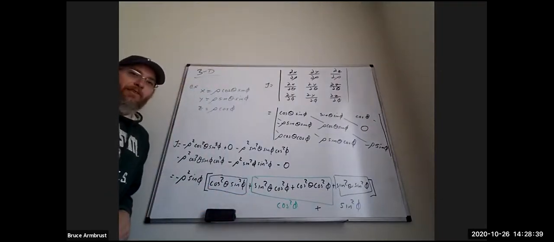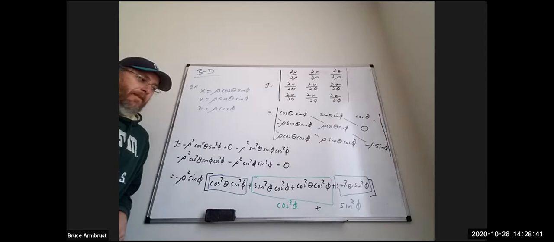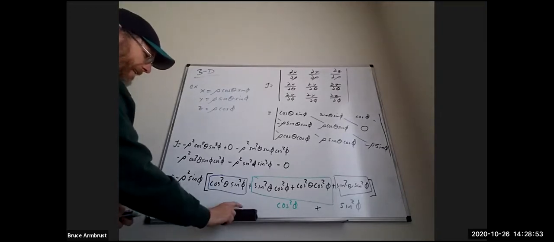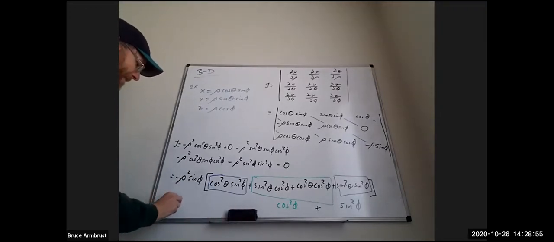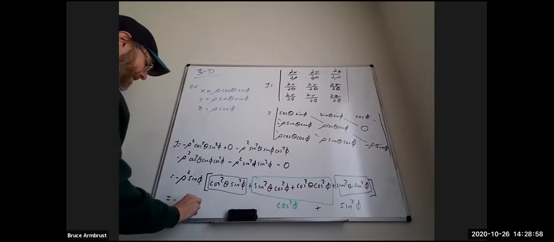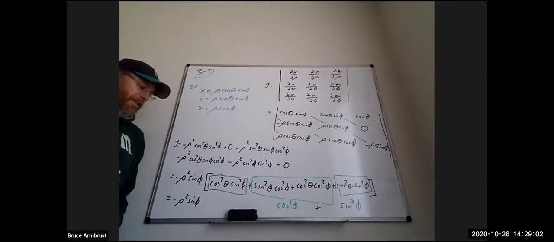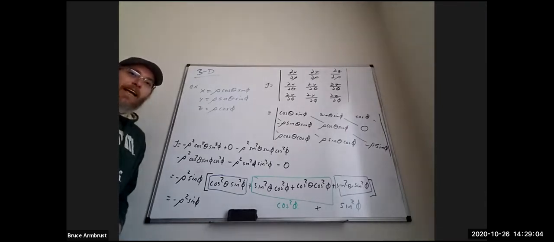All right, well, I'm adding those together. Cosine squared phi plus sine squared phi. Does that also equal 1? That's also equal to 1. So once all that's done, all of that simplifies down to just a minus rho squared sine phi.